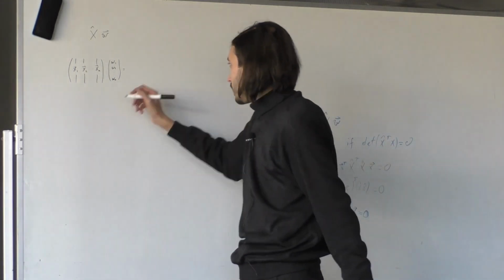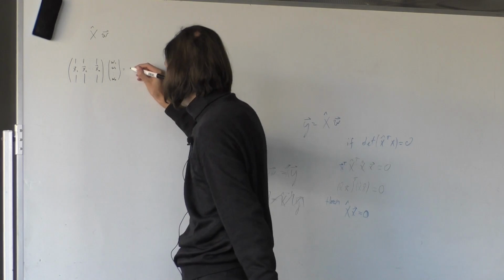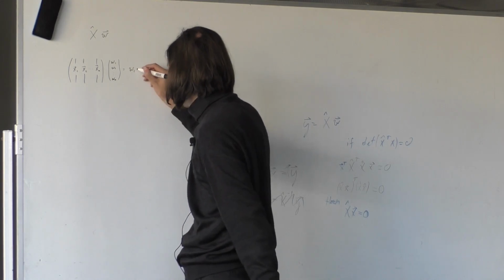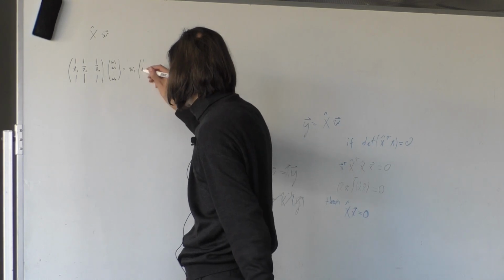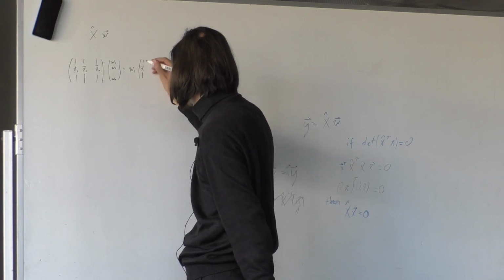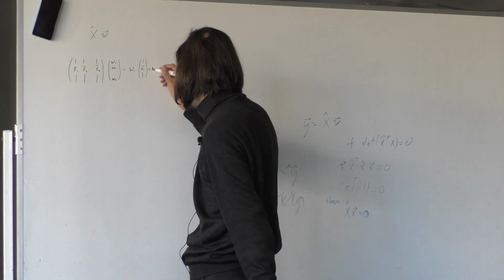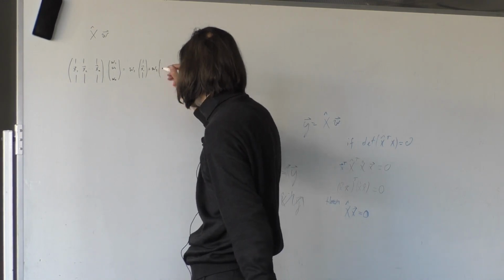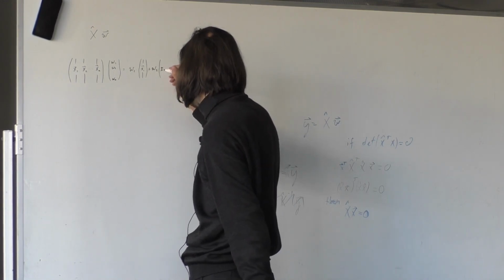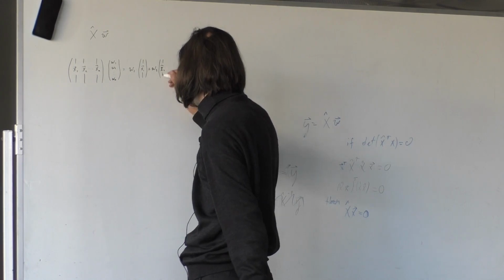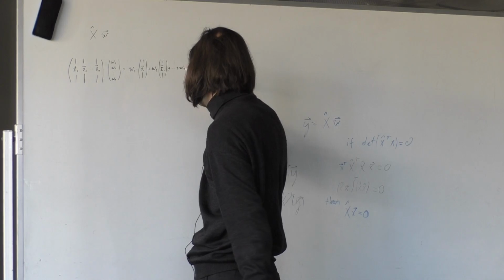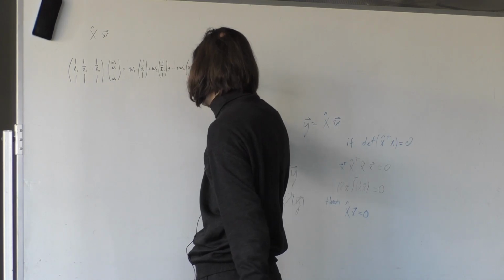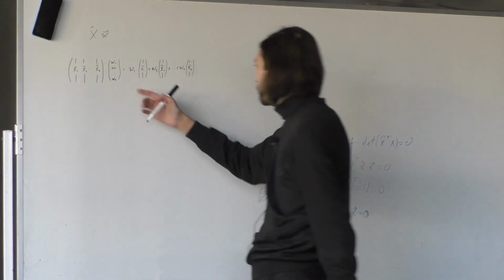But I can write the same thing this way: w1 times vector x1 plus w2 times vector x2 and so on up to wn times vector xn.